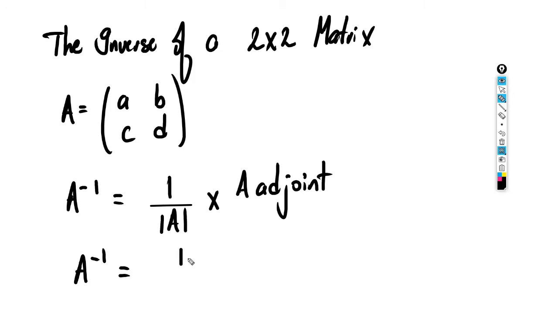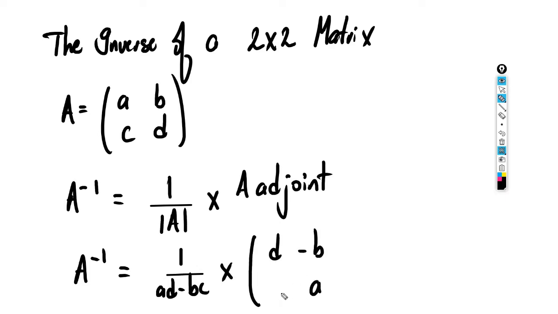It would be 1 over, let's find the determinant here, AD minus BC multiplied by A adjoint, and if we put that in a matrix, we should get D, A, we switch the main diagonal, and we'll put a negative sign on the numbers in the other diagonal. And this is the definition.